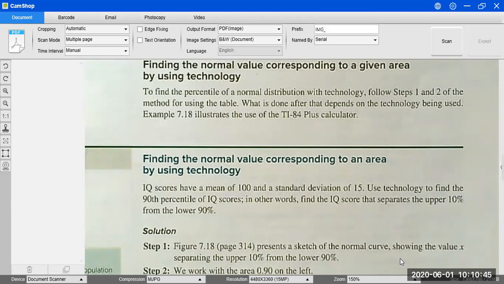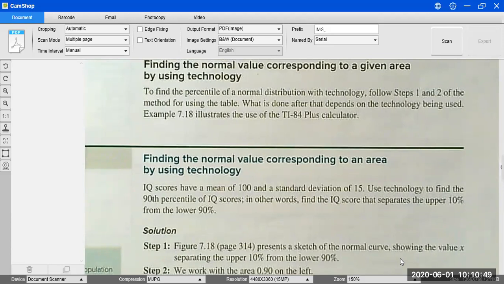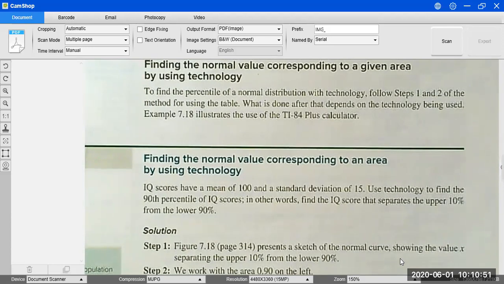We're going to use technology to find the 90th percentile of IQ scores. In other words, we're going to find the IQ score that separates the upper 10% from the lower 90%.